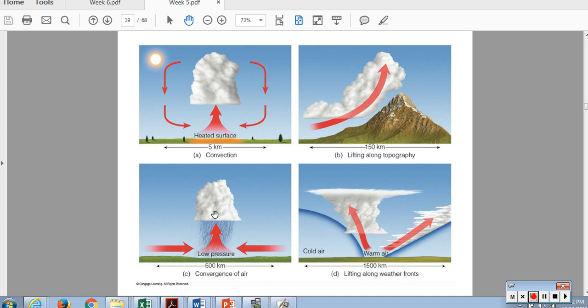We saw something similar to this this past week with the sea breeze that can occur over the Florida Panhandle. Over that peninsula, you have sea breezes on either side that can bring air on shore and form those typical thunderstorms that they're used to down there. And then along frontal boundaries, where you have the mixing of warm and cold air, that also will force air to rise.